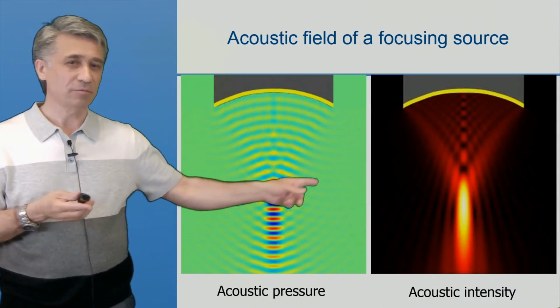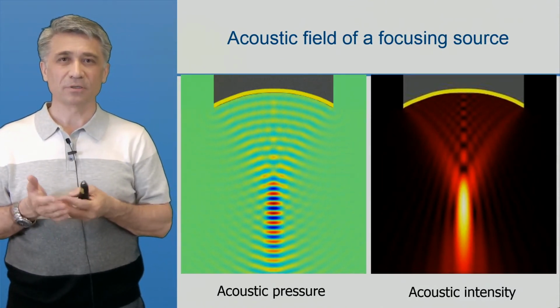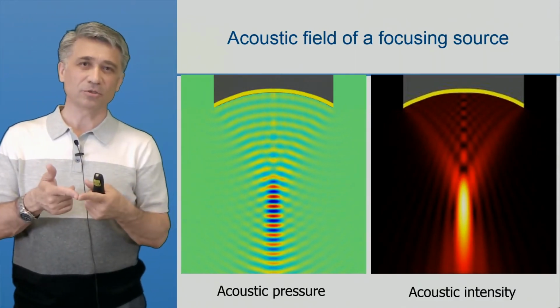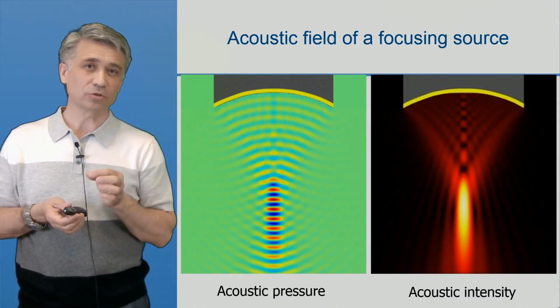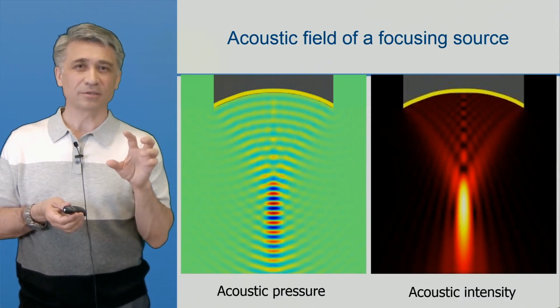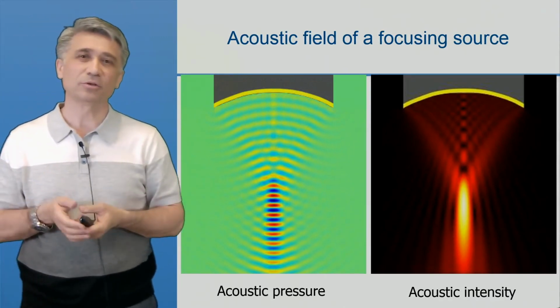And the image on the right is the intensity distribution. You see that indeed, close to the focus, there is a high intensity region. But what is also important to say is that it's not only one point. It's an extended region. It has a shape like an extended ellipsoid.